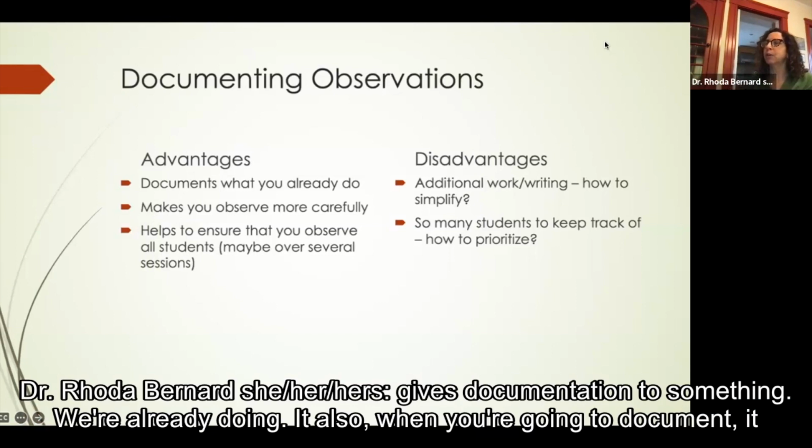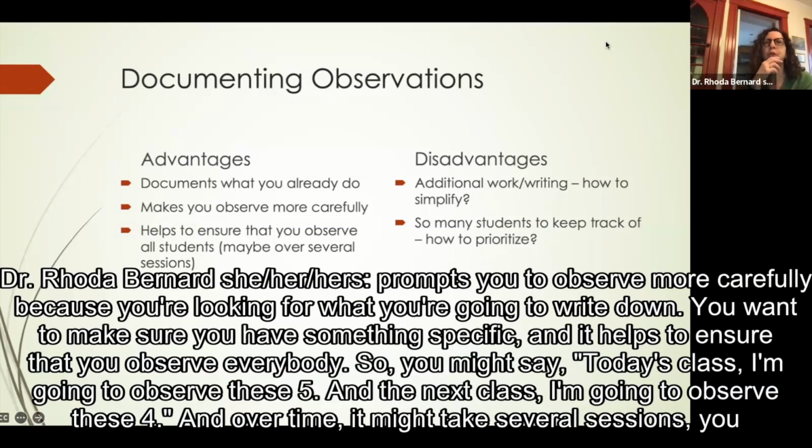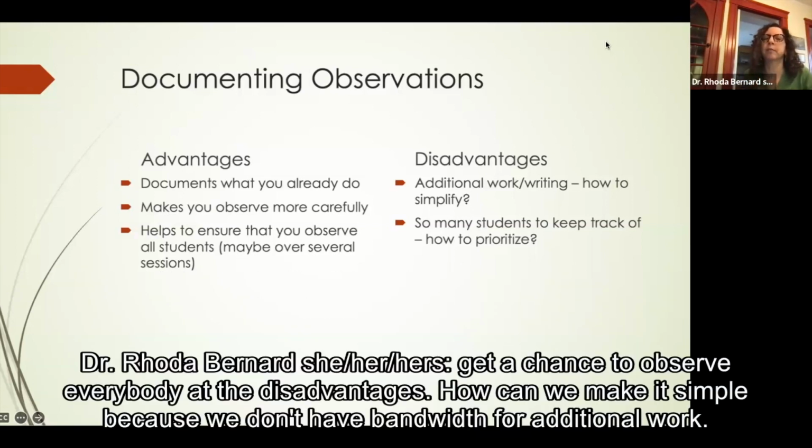It also prompts you to observe more carefully because you're looking for what you're going to write down. You want to make sure you have something specific. And it helps to ensure that you observe everybody. So you might say, in today's class, I'm going to observe these 5, and the next class, I'm going to observe these 4. And over time, it might take several sessions, you get a chance to observe everybody.